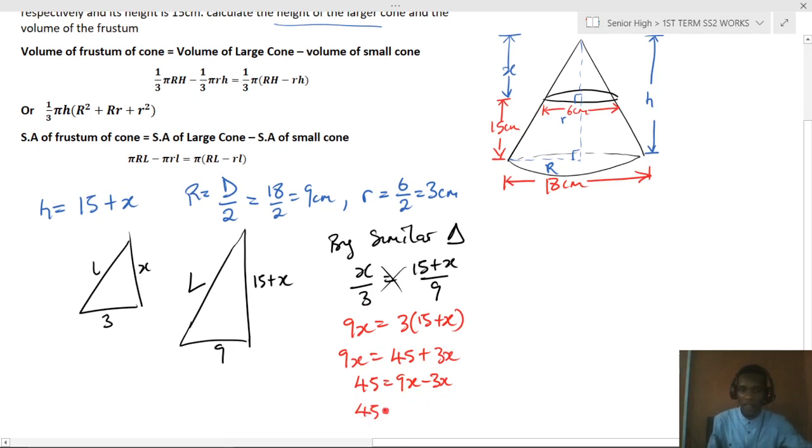So we have 45 is equal to 6x, and our x will be equal to 45 over 6. We know that 3 can divide them: 3 in 6 gives 2, and 3 in 45 gives 15. So that will be 15 over 2.